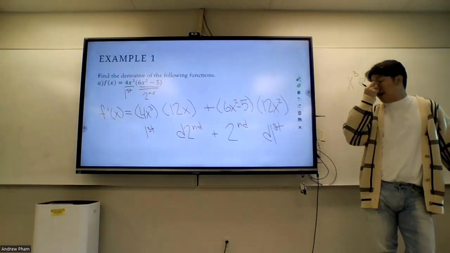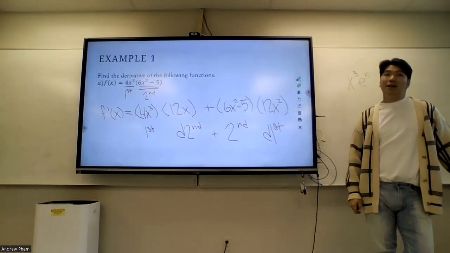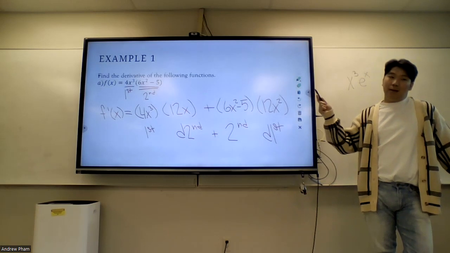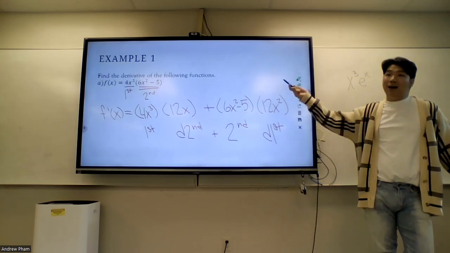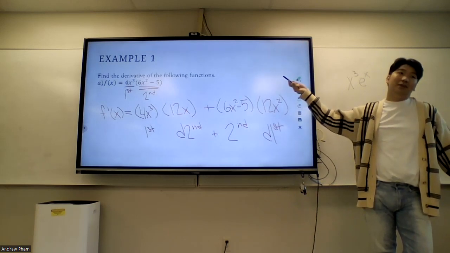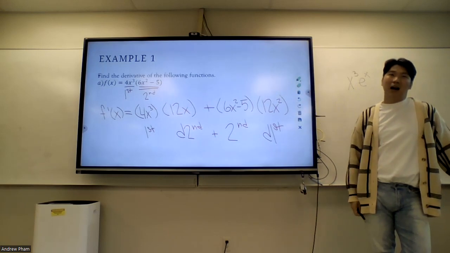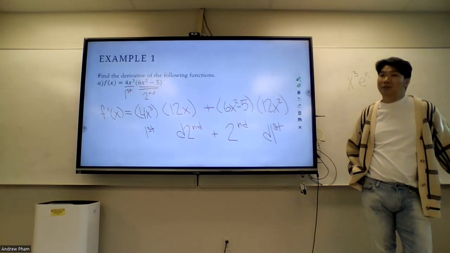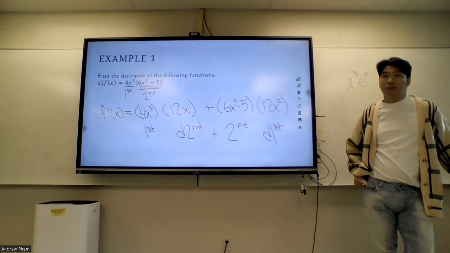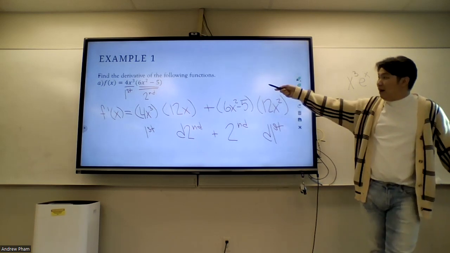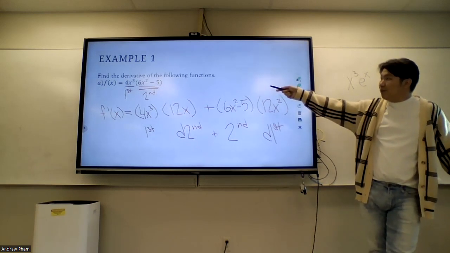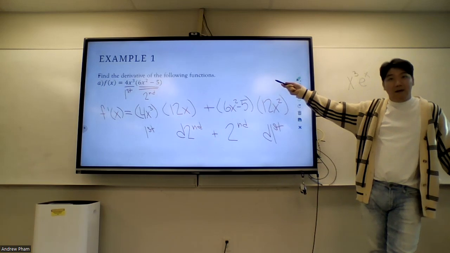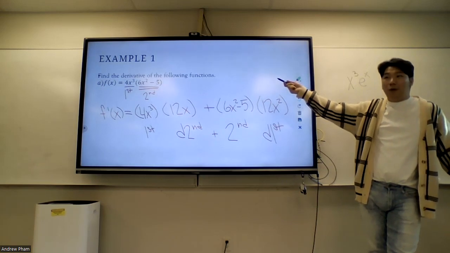A quick question I want to ask: if I did not have the product rule, it would still be possible for us to find the derivative of this function using only the power rule. How could I possibly avoid using the product rule here? If I look at this original problem, that's a product, but I could clean that up before I take the derivative.